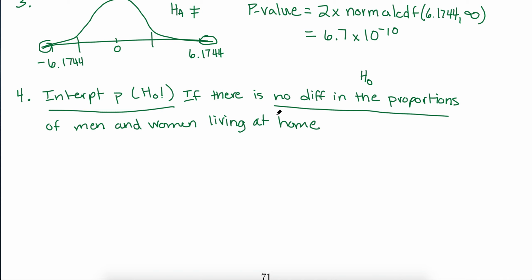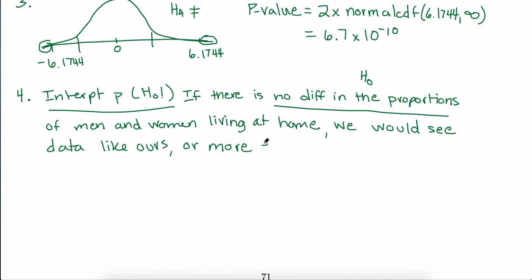So if the null is true, no difference in proportions of men and women living at home, we would see data like ours. That's our z-score we calculated. Or more extreme, that's the part we shaded on either tail here, according to HA.